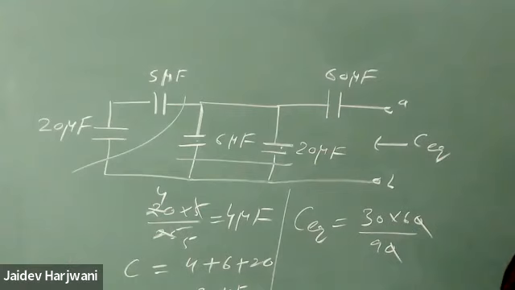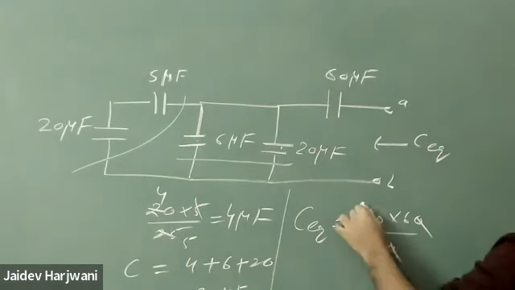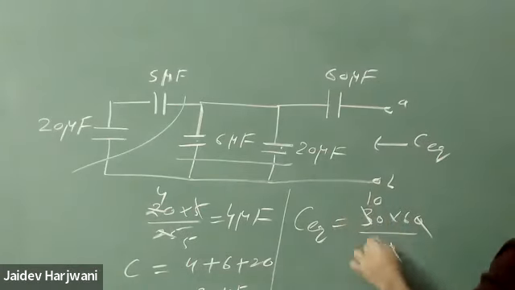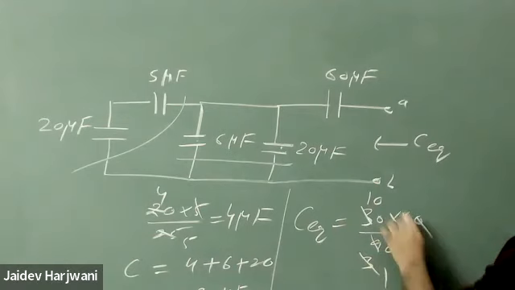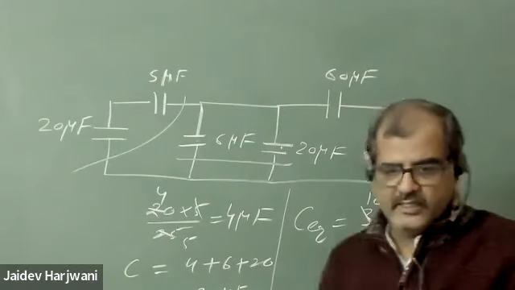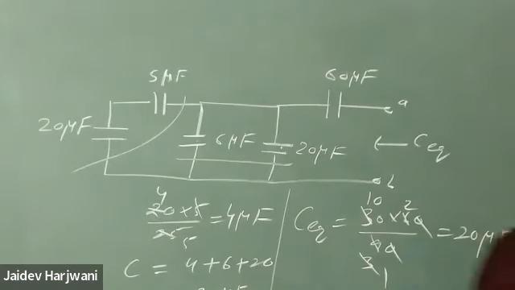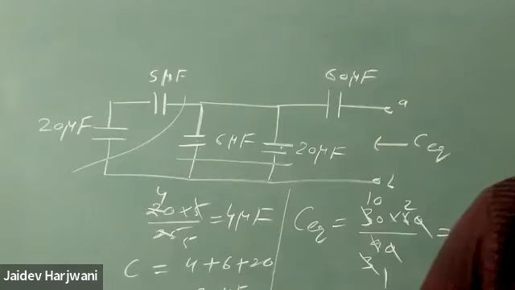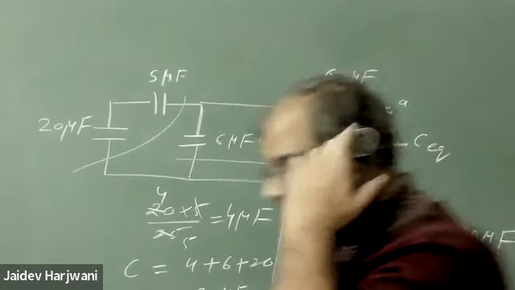Now you have 3 here, so 10, and you can add 3 here, 1, you can add 2 here. So the equivalent capacitor becomes 20 microfarad. Okay, so let me check the answer. So the effective is 20 microfarad.